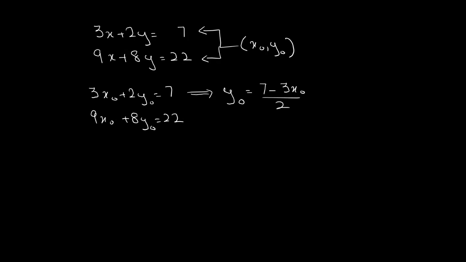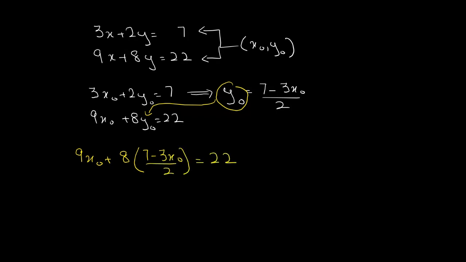So now what we can do is plug in this value of y naught into this equation. So let's do that. I have 9x naught plus 8 multiplied by y naught, but y naught is going to be (7 minus 3x naught) over 2, is equal to 22. So I can just expand it out.